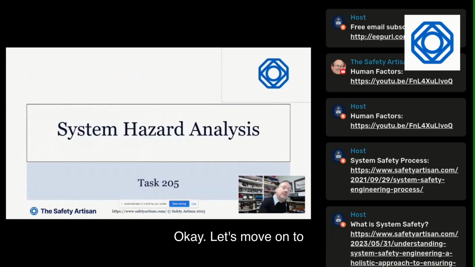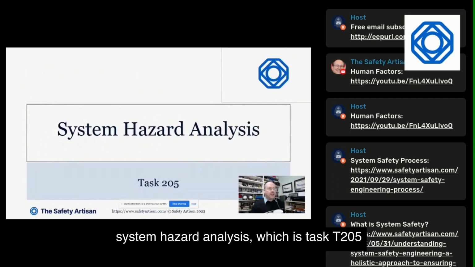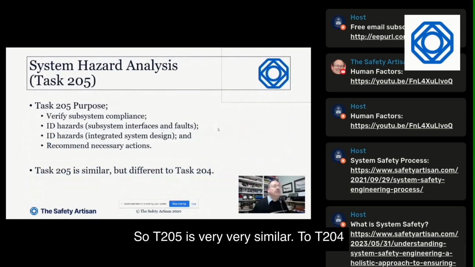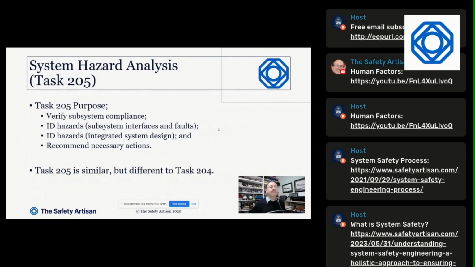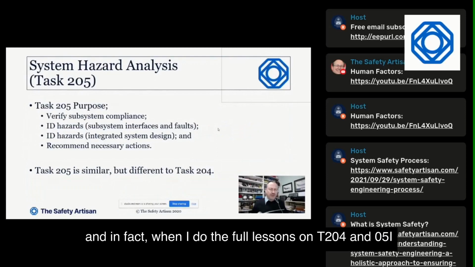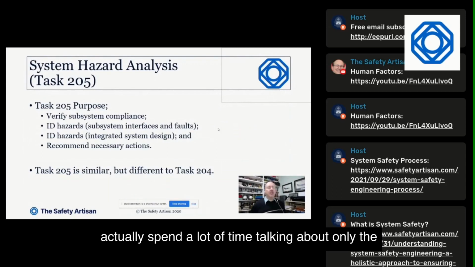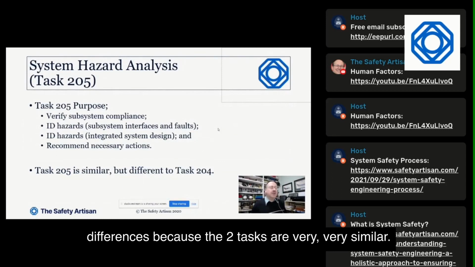Okay, let's move on to system hazard analysis, which is task 205. So 205 is very, very similar to 204. There are some slight changes in the wording. And in fact, when I do the full lessons on 204 and 205, I actually spend a lot of time talking about only the differences, because the two tasks are very, very similar.